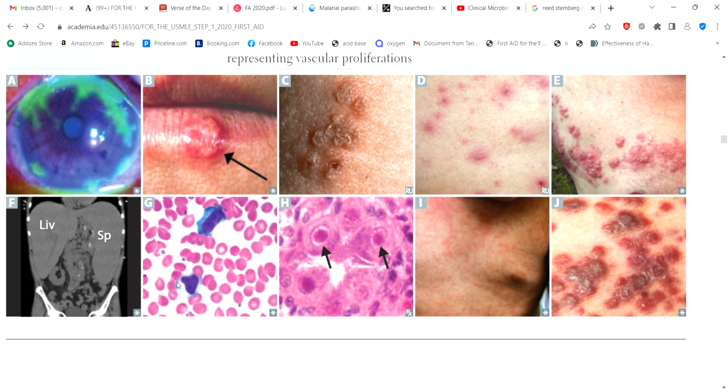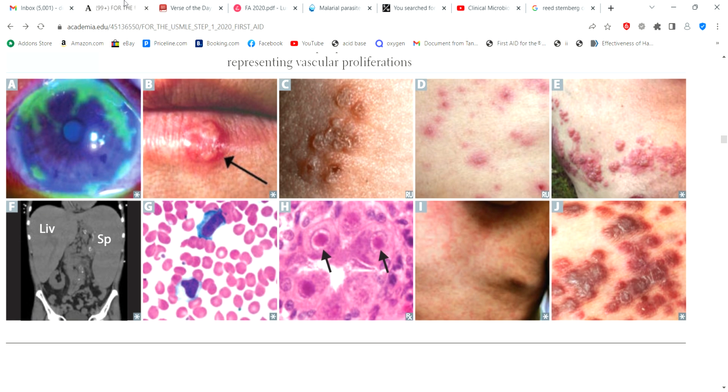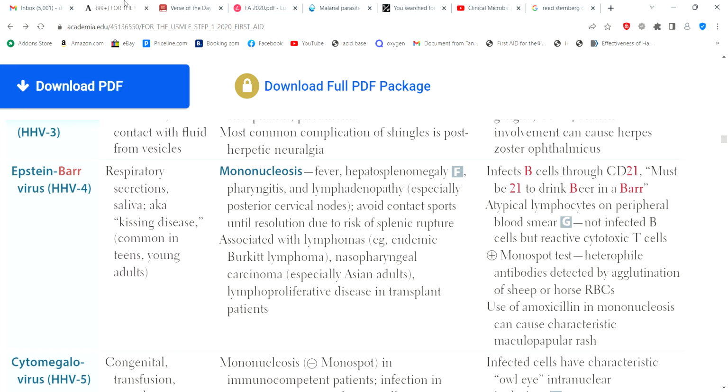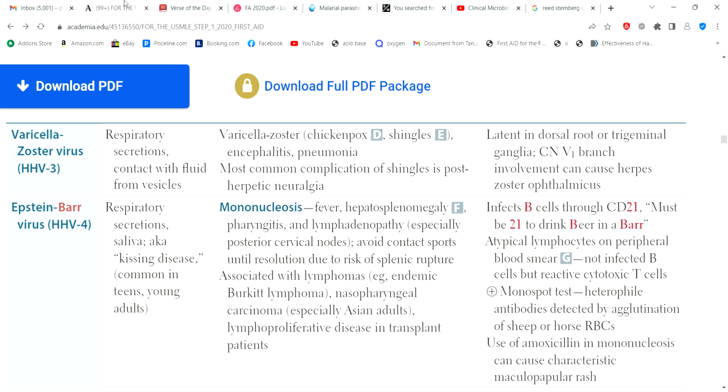So EBV activates B cells to secrete heterophile anti-sheep RBC antibodies, and therefore the antibodies will clump sheep or horse RBCs.